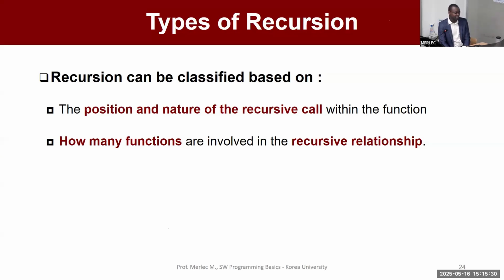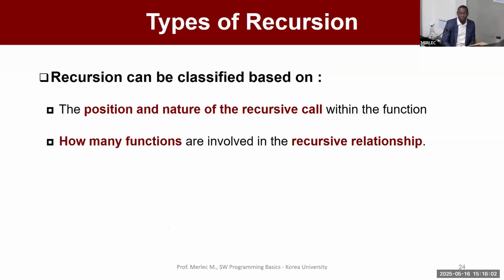We can mainly classify recursion into a few categories depending on the position and the nature of the recursive call within the function. The second aspect of the recursive function classification is how many functions are called in the recursive relationship.